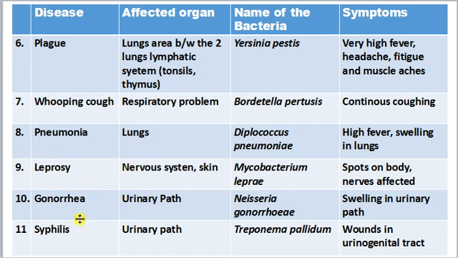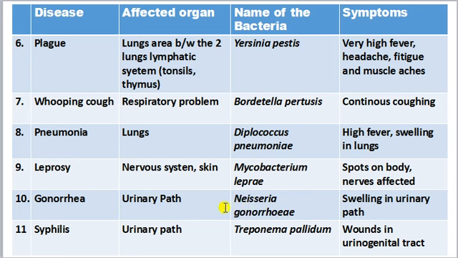Now 10, gonorrhea. Gonorrhea is an infection with sexually transmitted bacteria. It is a sexually transmitted bacterial infection that, if untreated, may cause infertility in women. It basically affects your urinary tract, and is caused by Neisseria gonorrhoeae, a bacteria that causes swelling in the urinary tract.